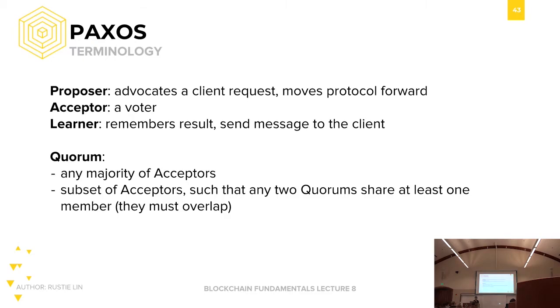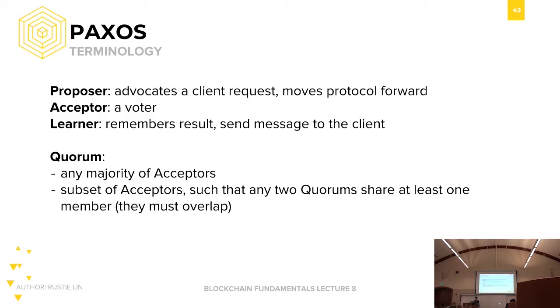So he comes up with the idea that there are proposers in this system, where people or clients request that an idea moves forward, or propose a bill to move forward. We have an acceptor, which is a voter that votes on a proposal, and we have learners. After all the consensus finishes, these learners learn the values from the end of the Paxos algorithm, and they relay this new message back to the client.